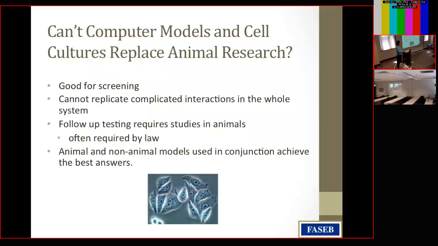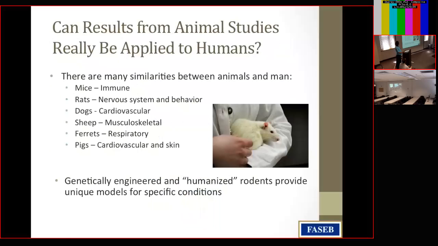So another question that's asked is, can the results obtained from animals be applied to humans? And the answer is yes. There are many similarities between humans and animals, and I've listed some examples of areas of study where it's very similar to those species listed.